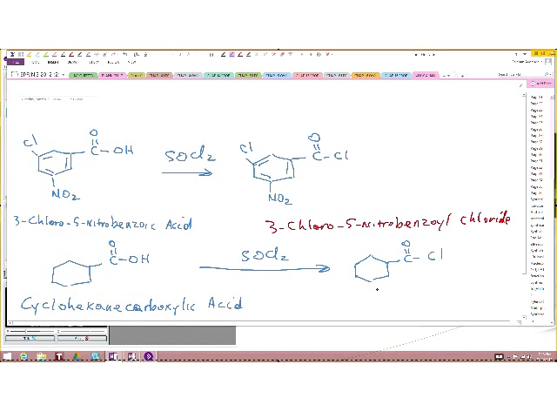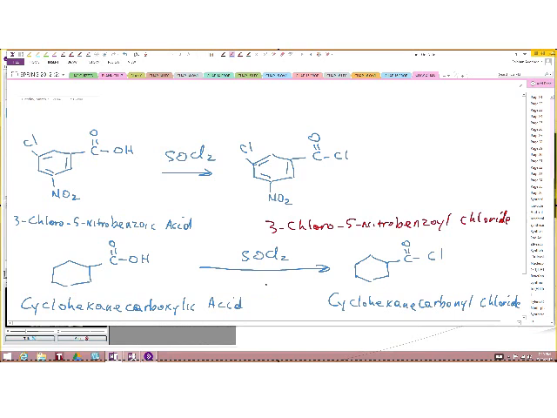In this case, you give the name of the cyclic ring system, so this becomes cyclohexane. Then you give carbonyl, and then you have the word chloride.